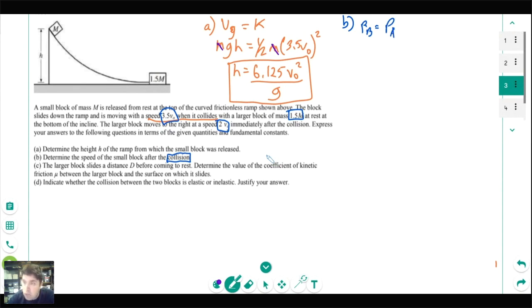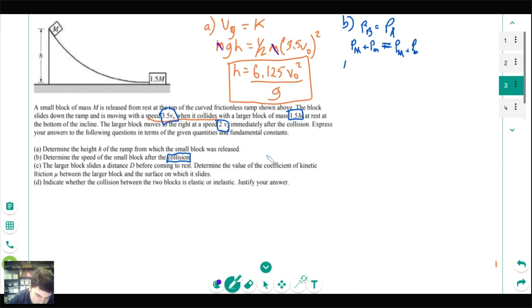Beforehand, there are two objects I care about: the momentum of the big block and the momentum of the little block. And then likewise, afterwards, I care about both blocks as separate objects. There's no sticking together here or anything like that. So we have to go through and treat everyone individually.